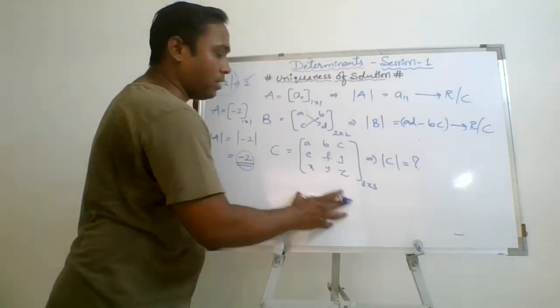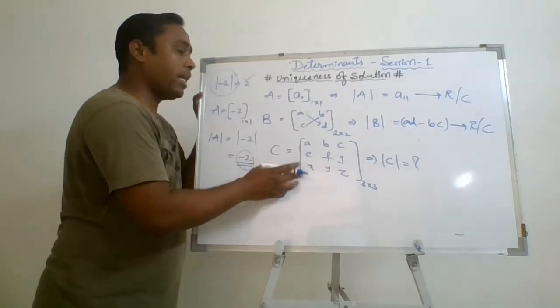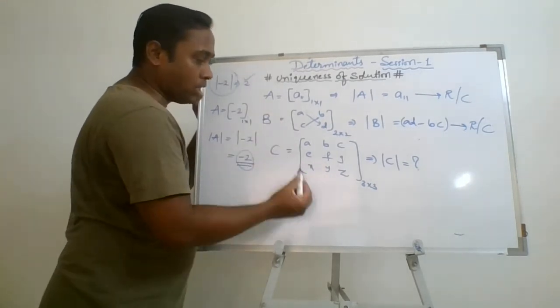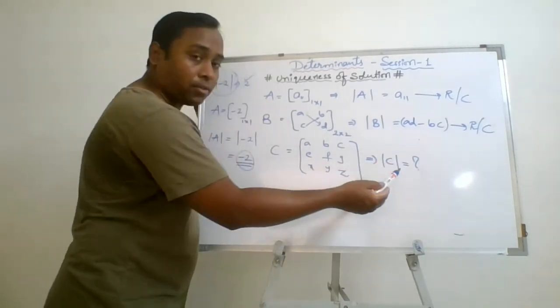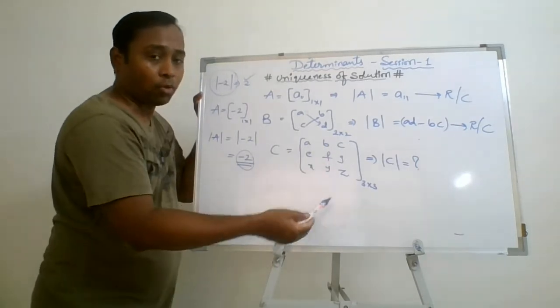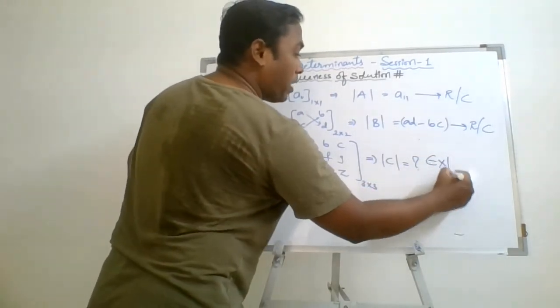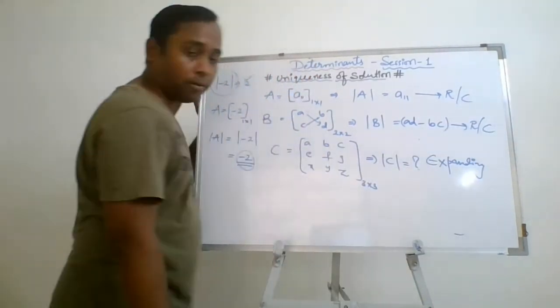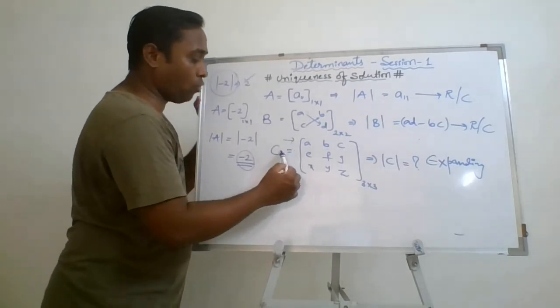Now to find the determinant of a 3 by 3 matrix, again we need to take the help of 2 by 2 matrices. It means we are going to convert this 3 by 3 matrix into 2 by 2 matrices through some method or process, which we call the expansion method, expanding of a 3 by 3 matrix. And while expanding, you may take the help of any row.